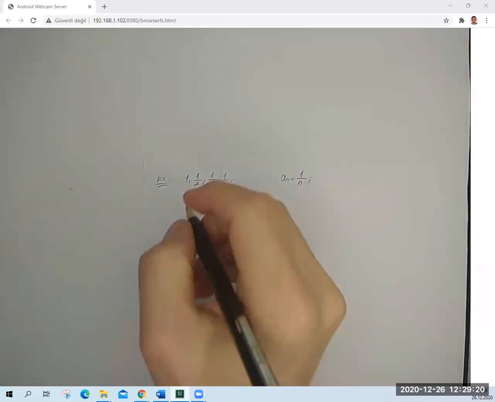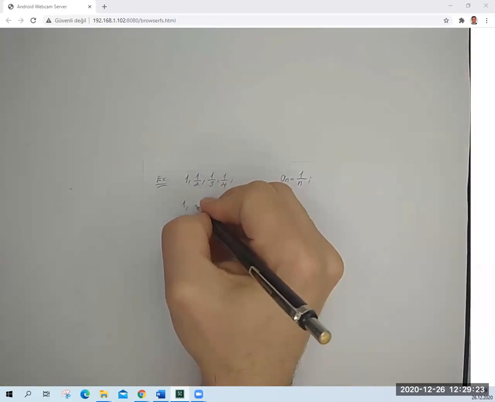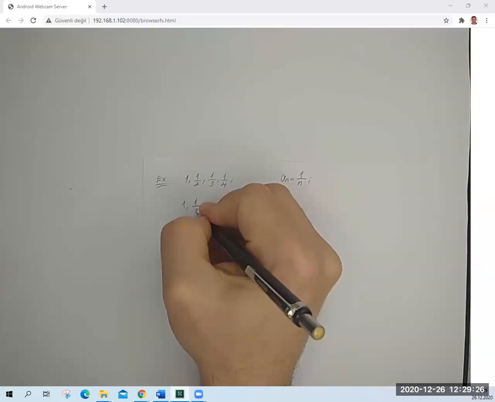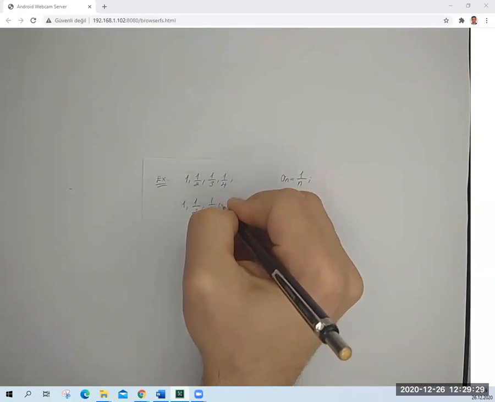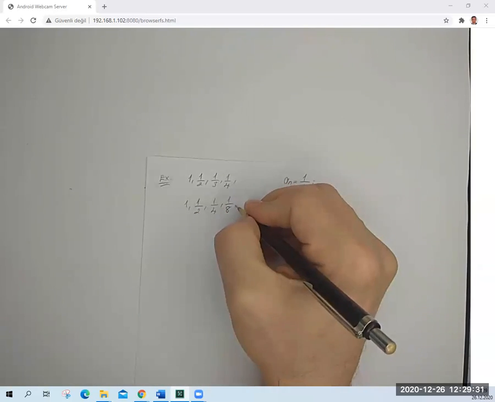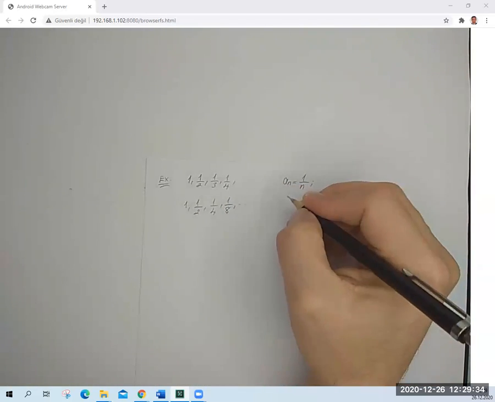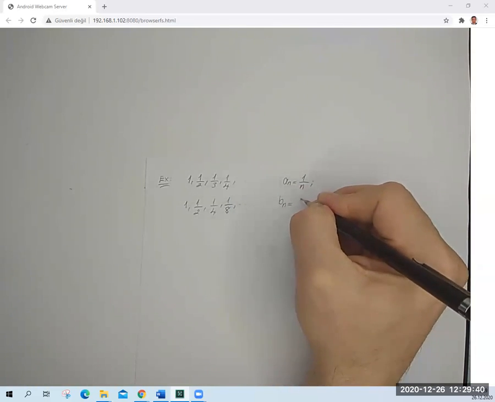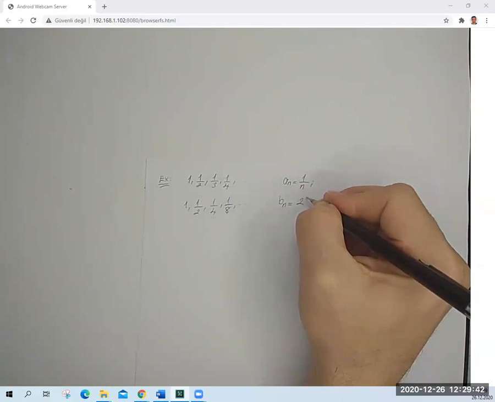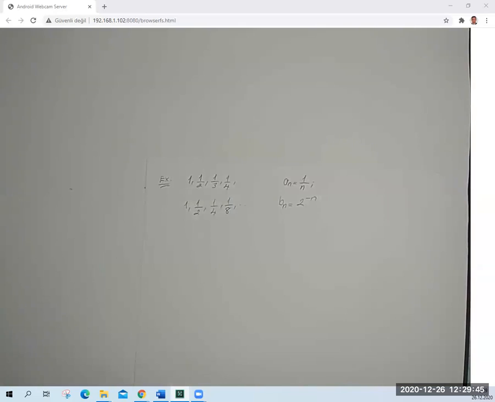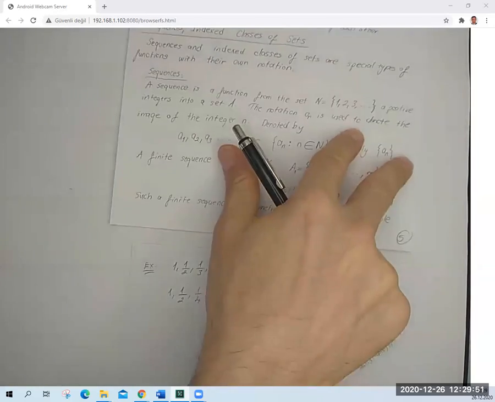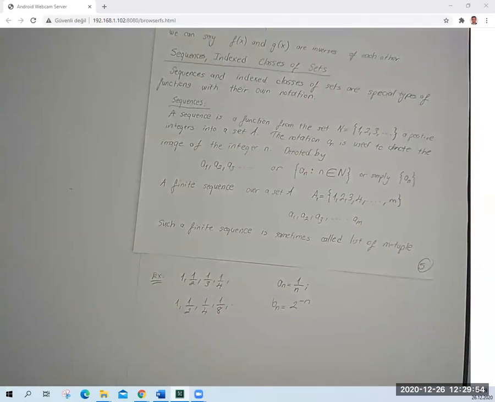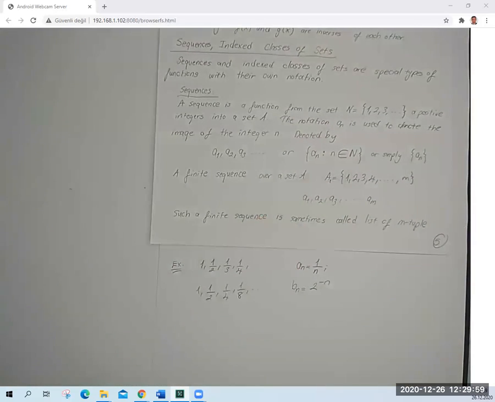And let's say we have a series or sequence 1/2, 1/4, 1/8, and so on. So for that sequence, let's say b, we can define that sequence as 2 to the power minus n. Okay, let's go. Page 5 is here, and continue like that.